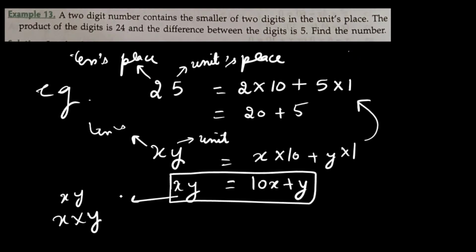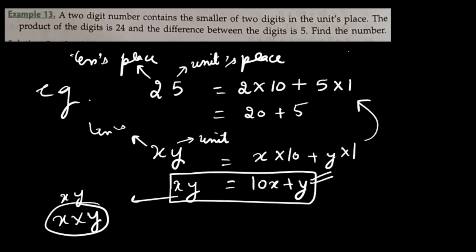So that's why when we are assuming, we cannot write the number as xy.